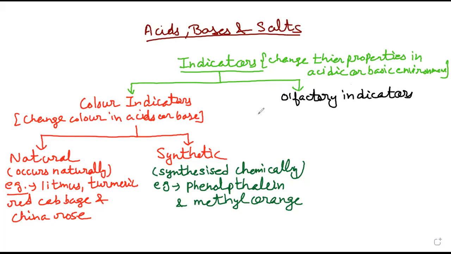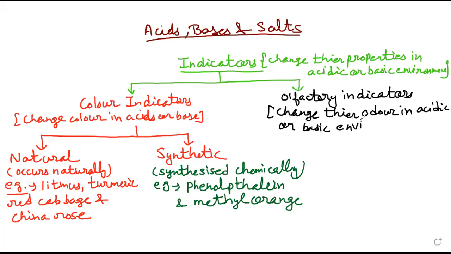Odor means smell. They change their odor in an acidic or basic environment. Whenever you put them in an acidic or basic environment, they will change their odor. They will not change their color. So those are known as olfactory indicators.